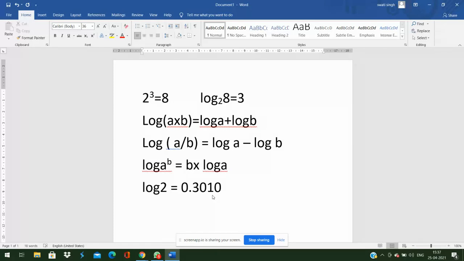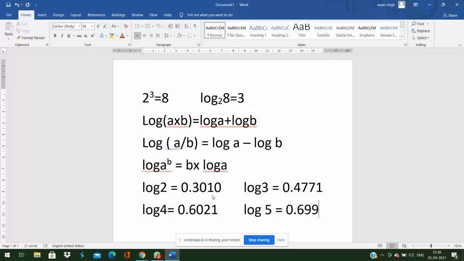Now another value: log 3 is equal to 0.4771. Next, log 4 is equal to 0.6021. Next, log 5 is equal to 0.699. These values you should learn, then it will be easier to use them.